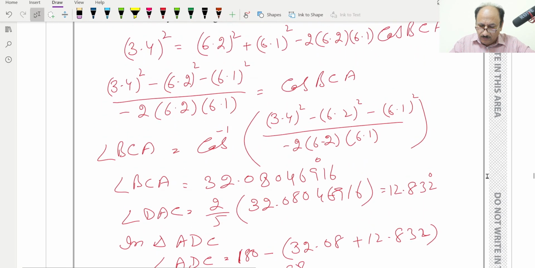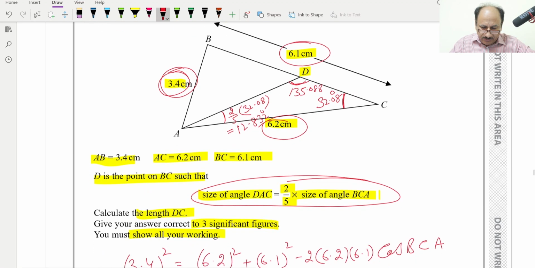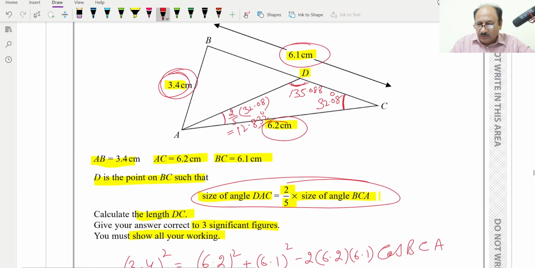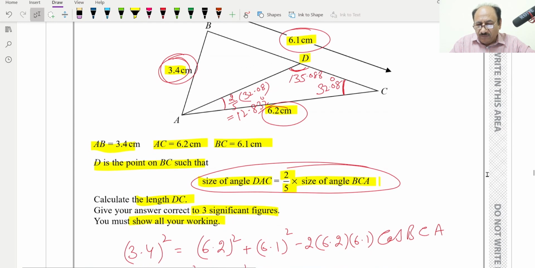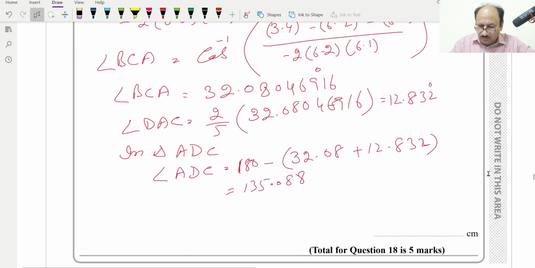Now we found this angle also, 135.088. Now the final step is the length of DC. So we have all the angles of ADC, and we have 6.2 which is AC. Now we can apply the sine rule and we can find this one.